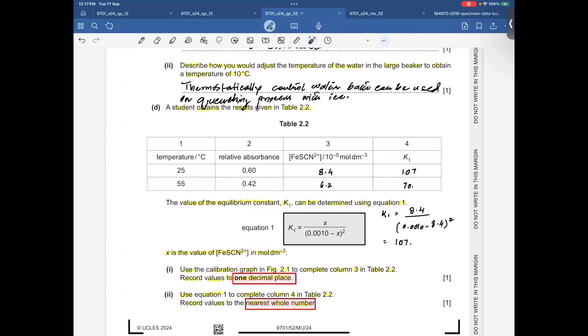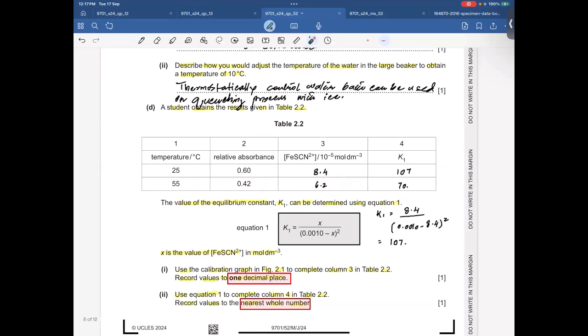So if absorbance decreases, then it means the temperature measured was higher than expected. And therefore, if temperature was higher than expected, this will lead to a lower concentration of iron thiocyanate. That's the relationship here. See, absorbance decreases as temperature rises. Concentration of iron thiocyanate decreases.